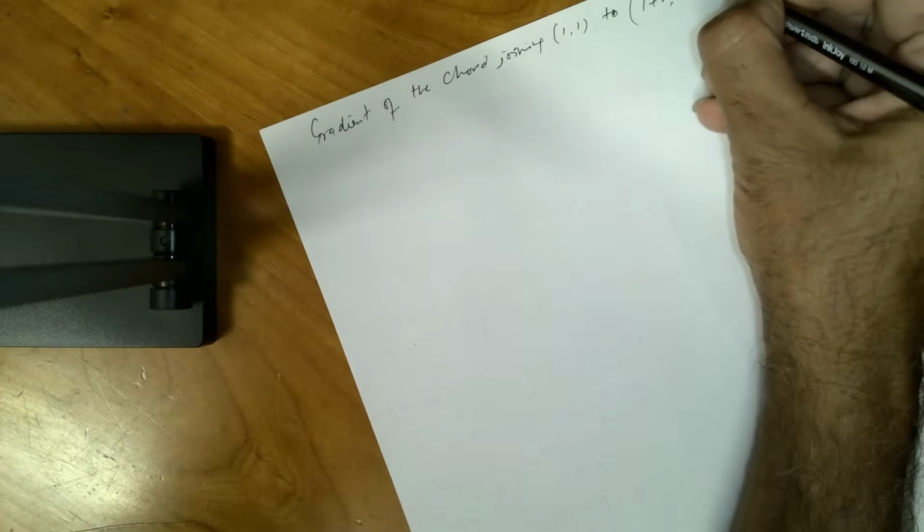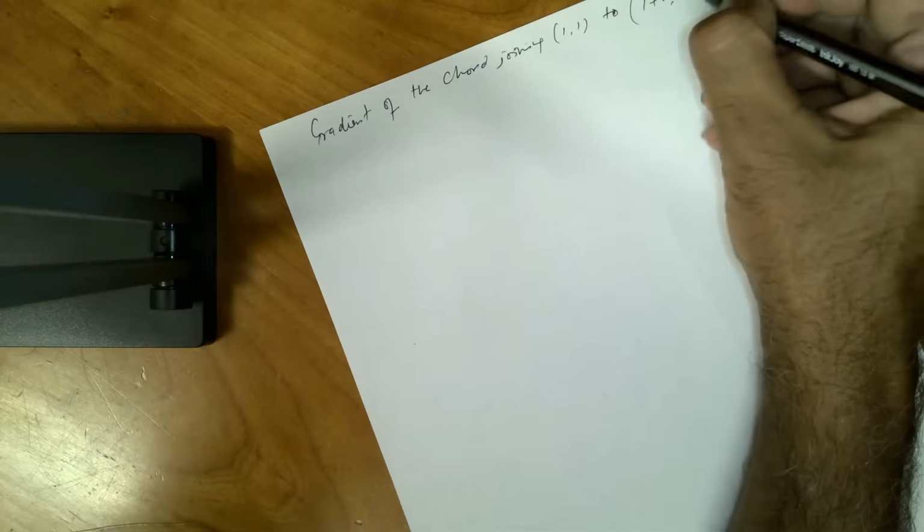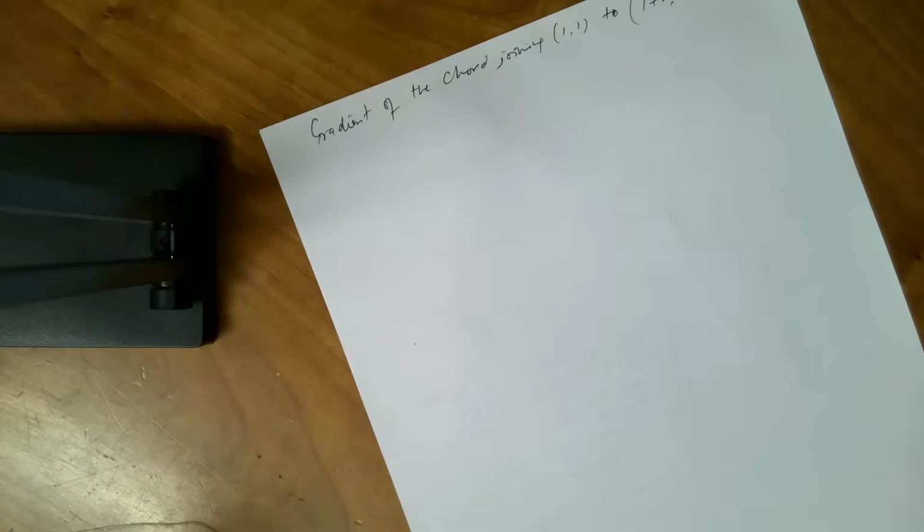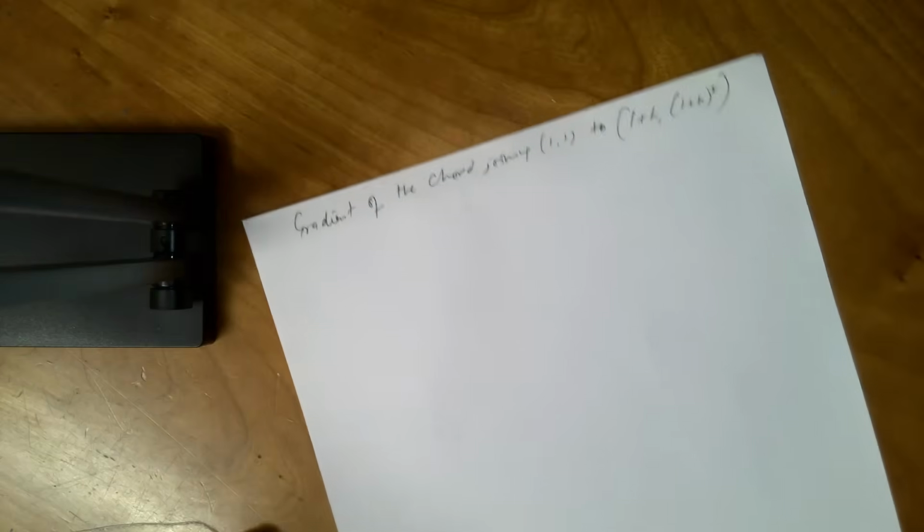Rather than I give you anything, I would say this time 1 plus h. So just some distance, okay, and 1 plus h, let's say the whole square of that one.